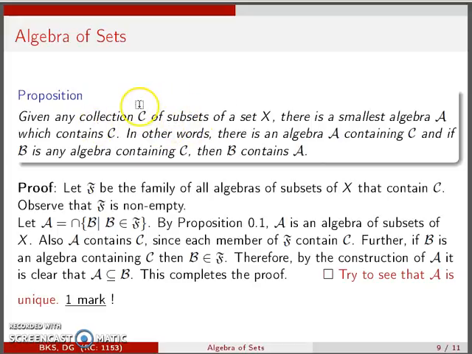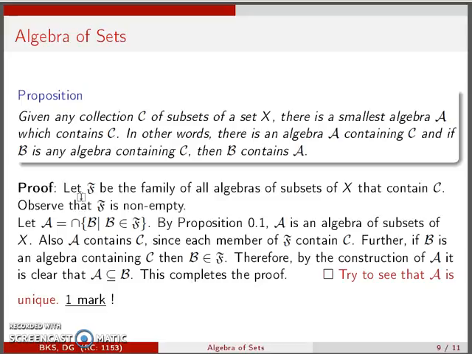If it is an algebra, then it itself is the smallest algebra containing C. If it is not an algebra, then there is an algebra script A which is going to contain it, and this would be the smallest. In other words, if there is any other algebra script B containing script C, then script B would definitely contain script A.